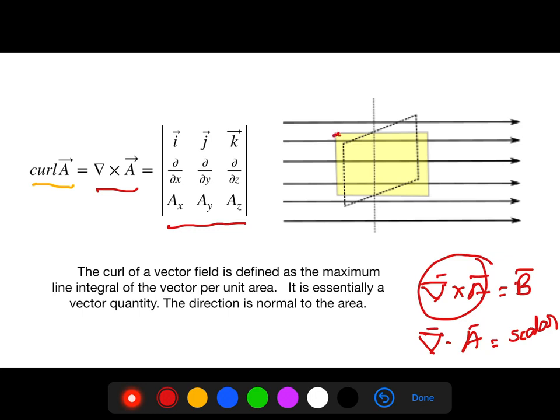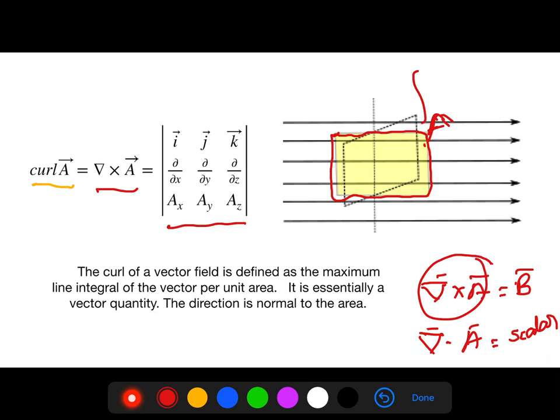Suppose this is the area; we are choosing this yellow rectangle, which has a certain area A. The curl is the line integral of the vector per unit area, which we will discuss further. In this diagram, let us consider that a vector field is derived as the gradient of a scalar field.